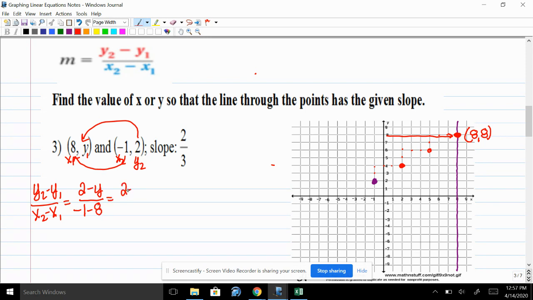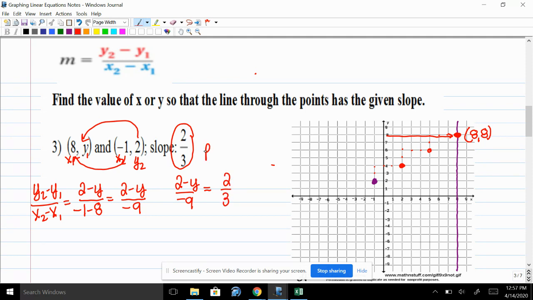So that equals 2 minus y over -1 minus 8, which is -9. Now, I can't go any further with that because I don't know what y is. I'm trying to find that. What I do know is that the slope is 2 over 3. So that 2 minus y over -9 has got to equal 2 over 3.